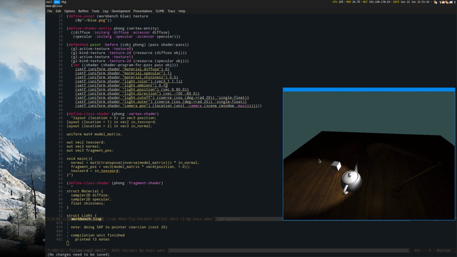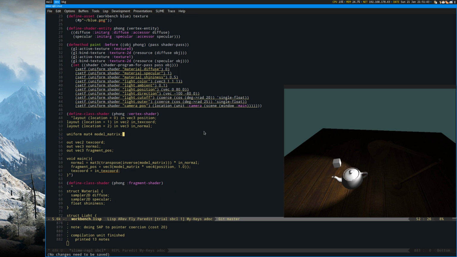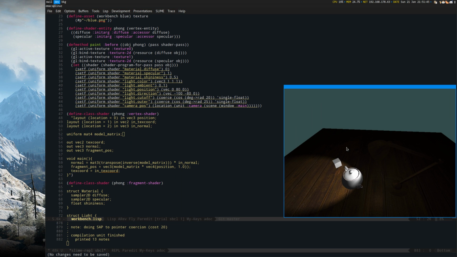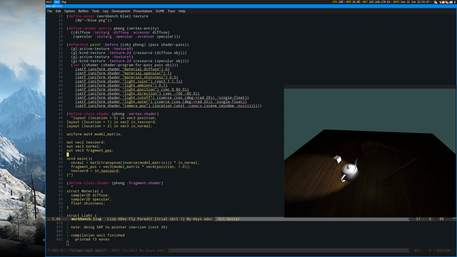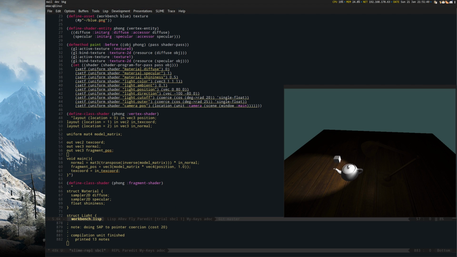Hooray. Alright. Well, I guess I can also try to get it a metal texture or something. Real quick, go for Google. Metal texture.